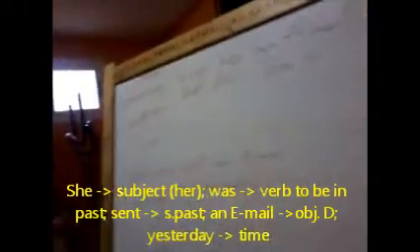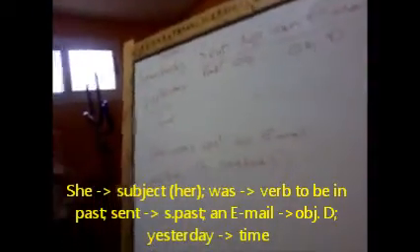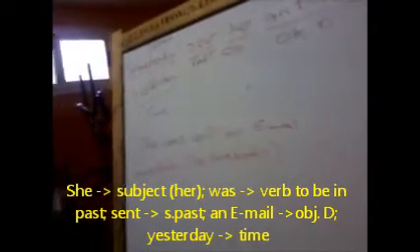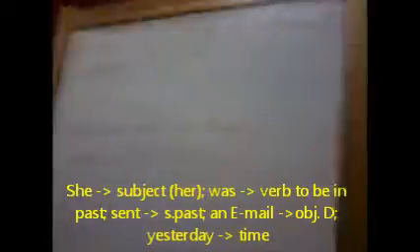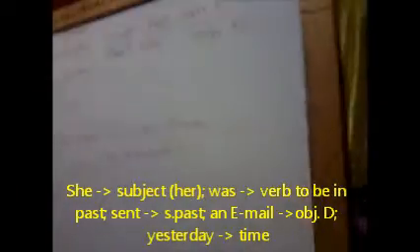We can see that the object her passes in the passive transformation into the subject and converts into the third person singular, and the verb sent is changed into was sent. An email, the direct object, stays the same. And yesterday is the same, the time.